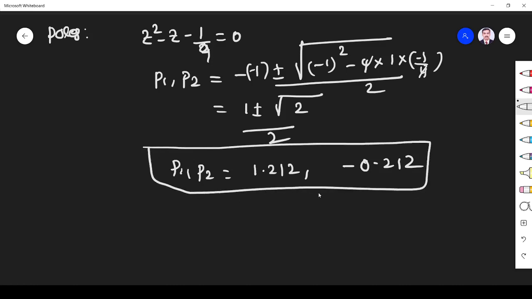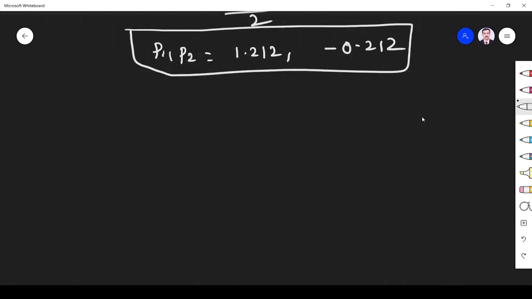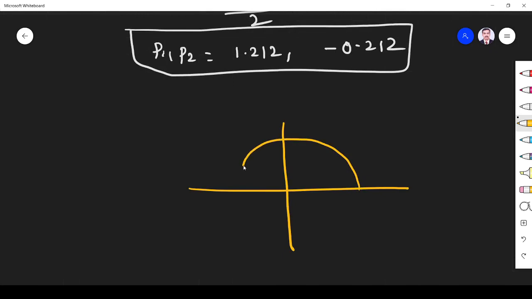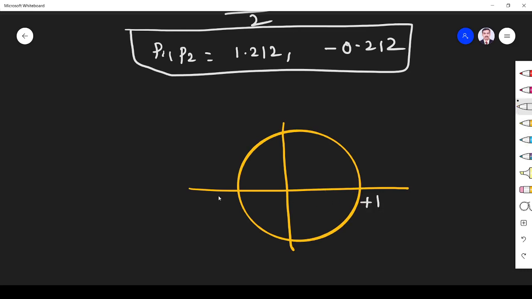If the system is causal and stable, all the poles must lie inside the unit circle. Let us see. This is the unit circle. Right? So what about the radius? Unit circle is a circle with radius 1. Where is the pole? One pole at 1.212, maybe here.